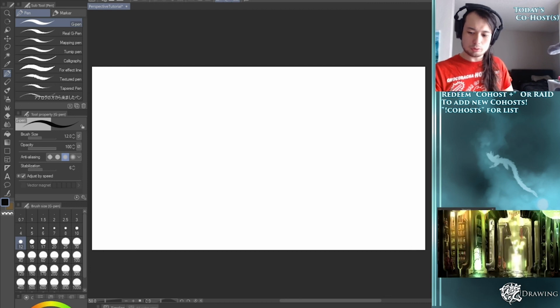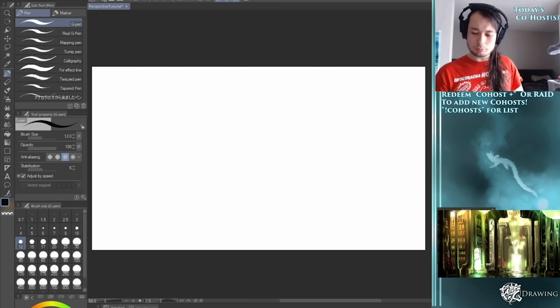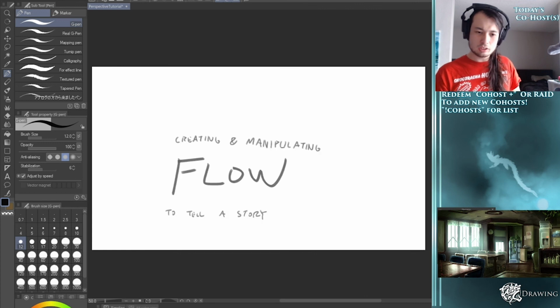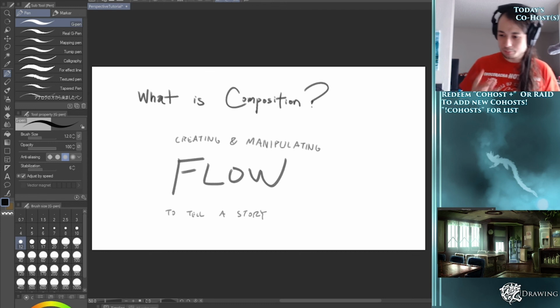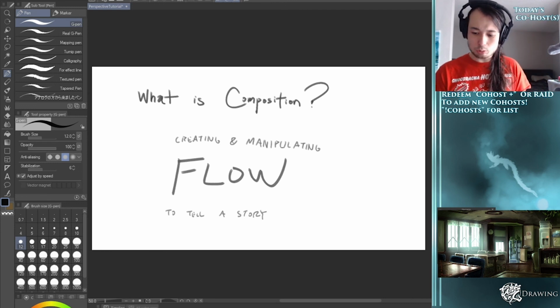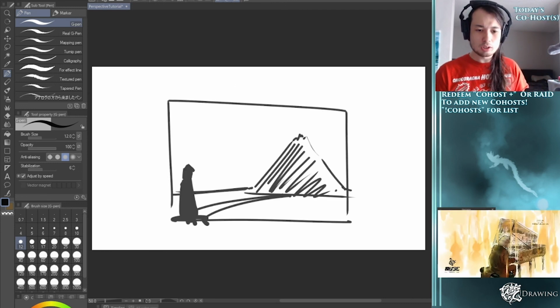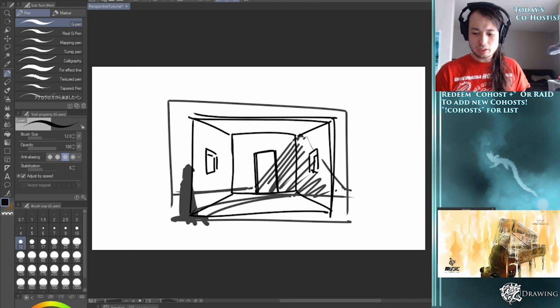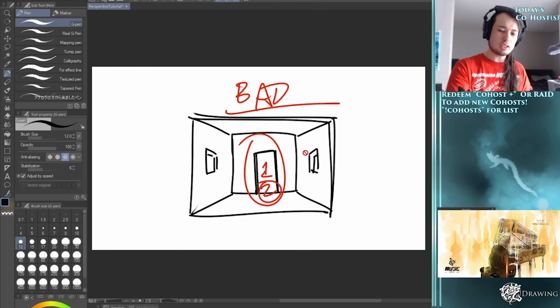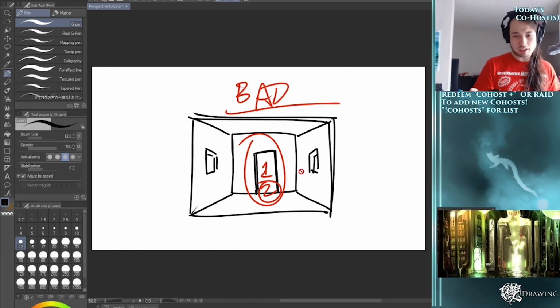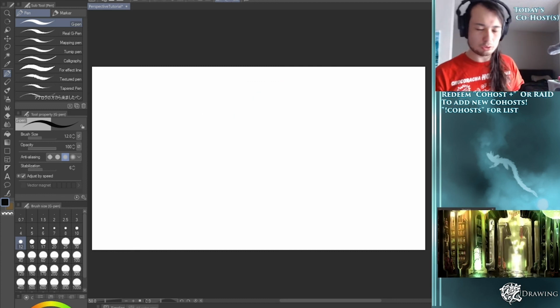Let's quickly review here. The most important part within composition and perspective is composition. Composition is creating and manipulating flow to tell a story. In order to create and manipulate a flow, you need a focus and you need a direction. Having symmetry creates a situation without direction, which is not very conducive to storytelling.